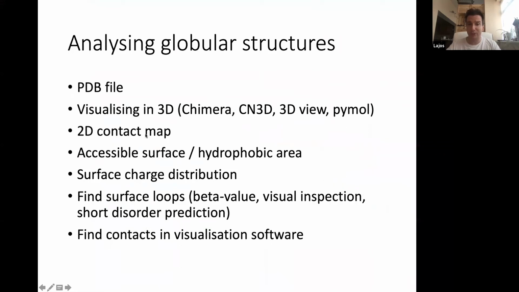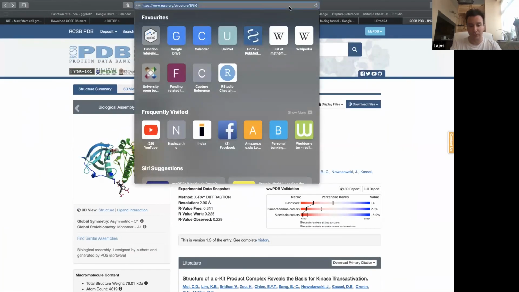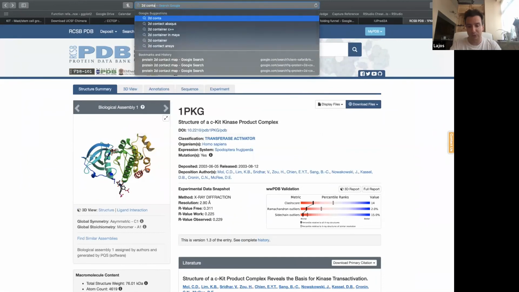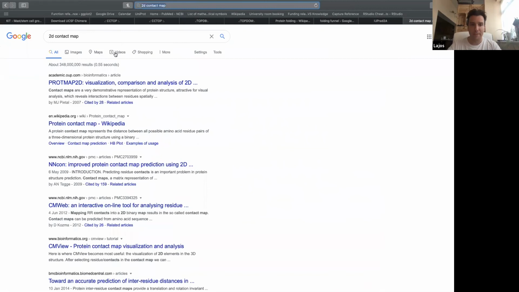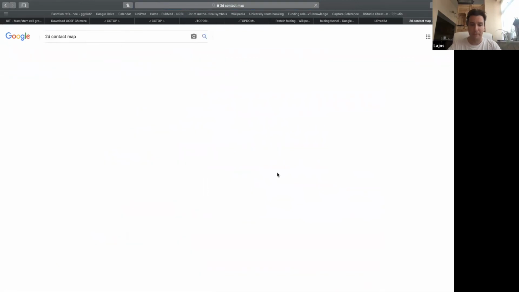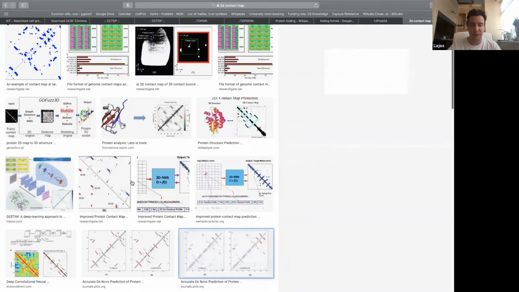The next thing you can use as a snapshot of your structure, to have some very basic understanding of the structure, is the 2D contact map. Let me just Google one for you. So it looks like this, for example.